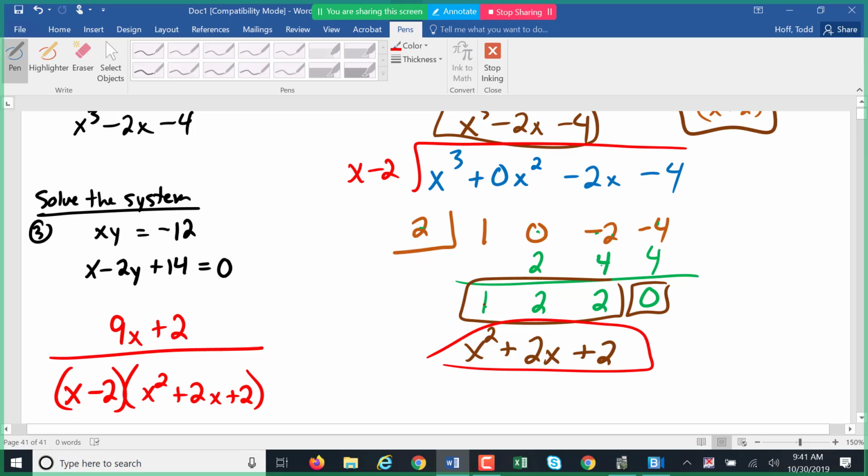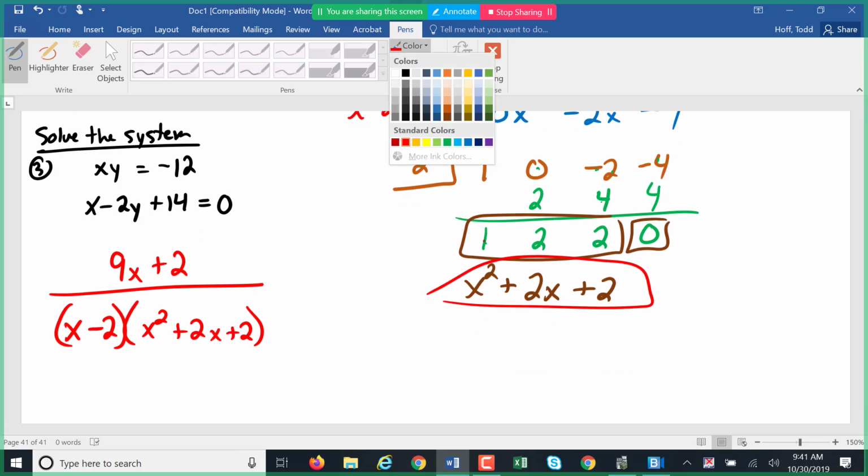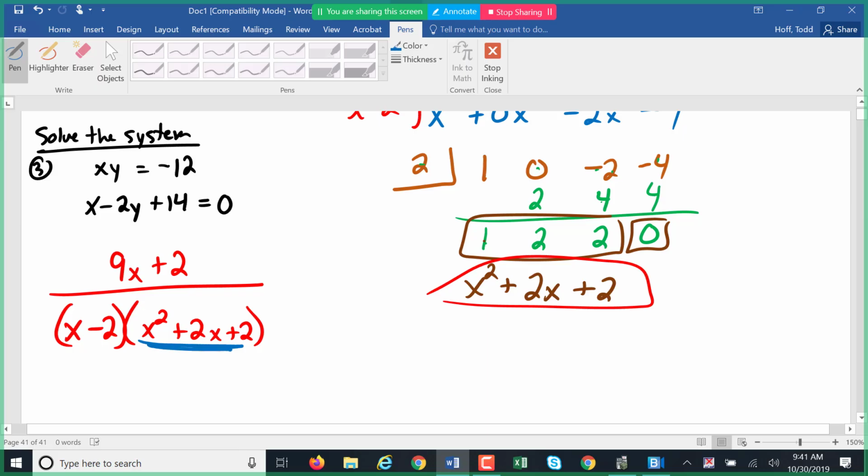The x squared plus 2x plus 2 is a quadratic. To see if that's factorable, remember, we can use the discriminant. The discriminant, remember, is b squared minus 4ac. If that is a perfect square, then this is factorable. Well, b here is 2, so that's going to be 2 squared, minus 4 times a is 1 and c is 2.